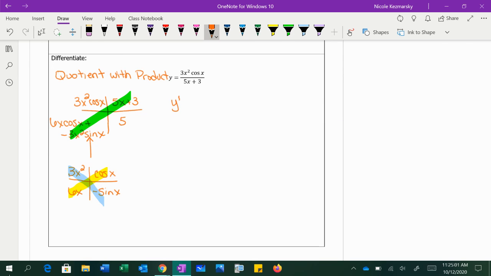So y prime equals, and I'm going to say 6x cosine of x minus 3x squared sine of x times 5x plus 3.